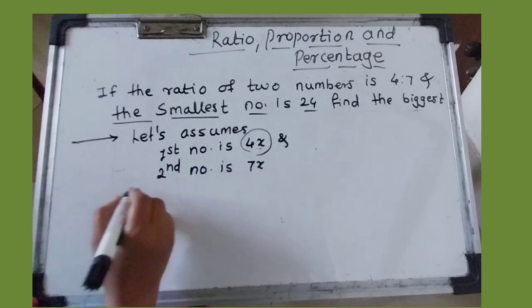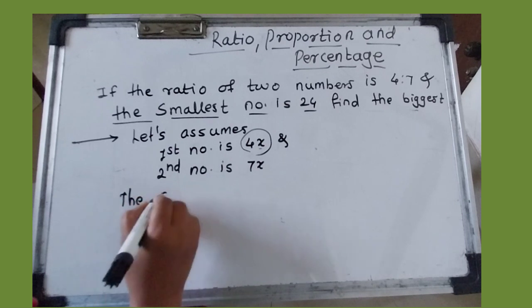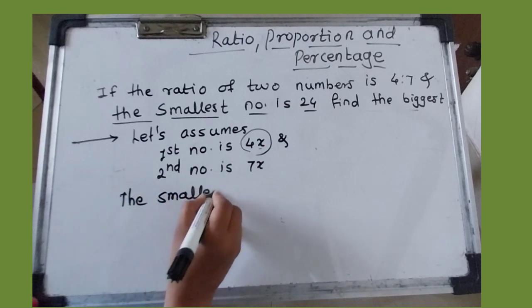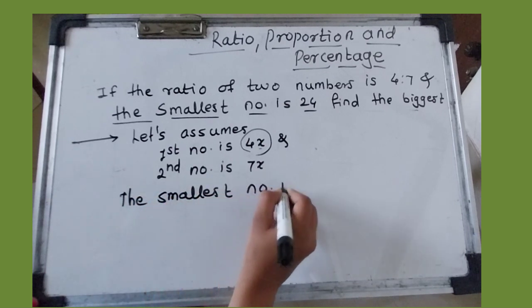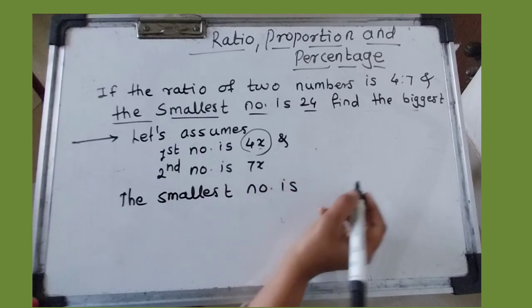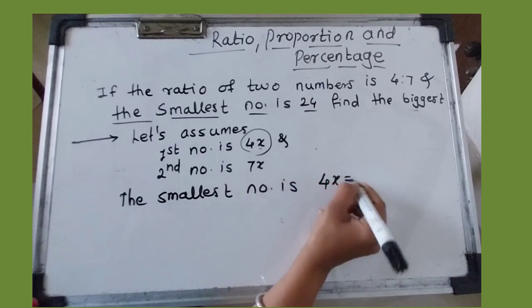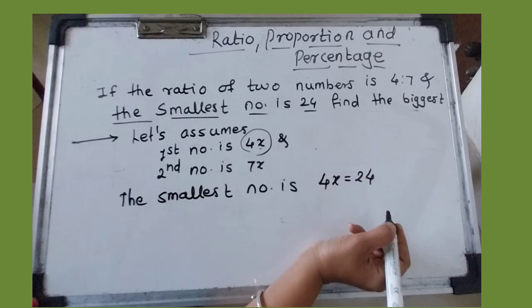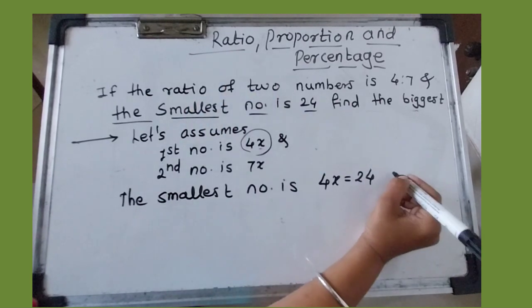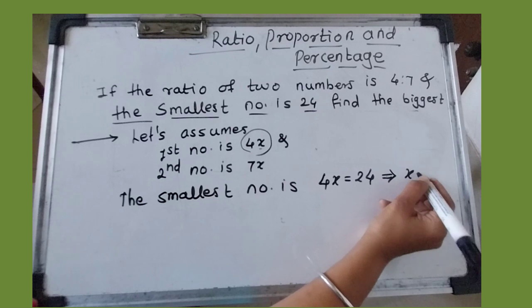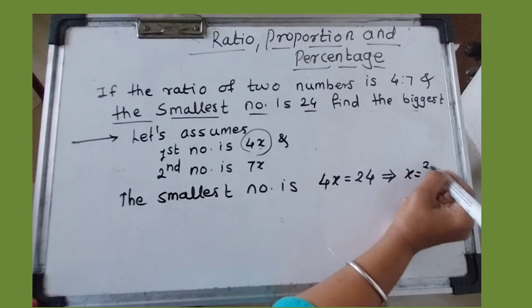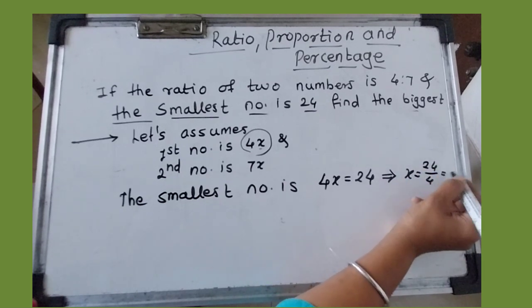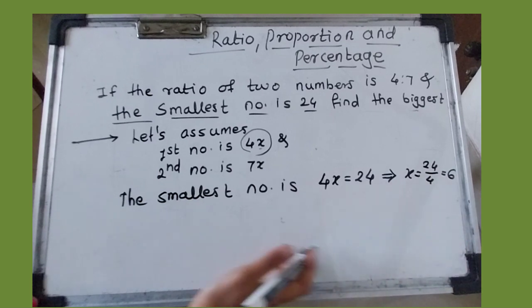What they given? The smallest number is 4x equal to 24. Clear from this statement. So x equal to what? 24 by 4. So it is 6. Understood?